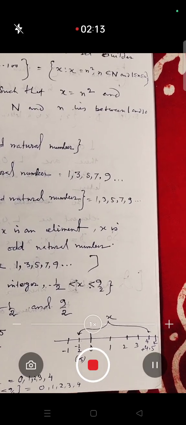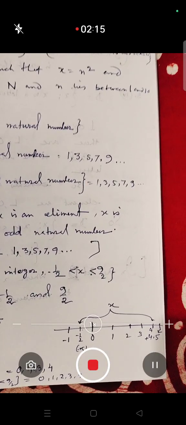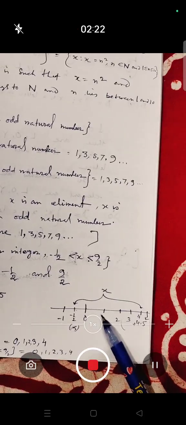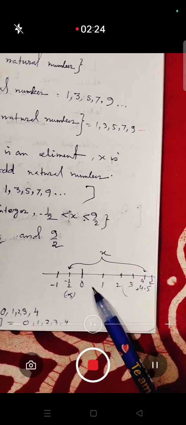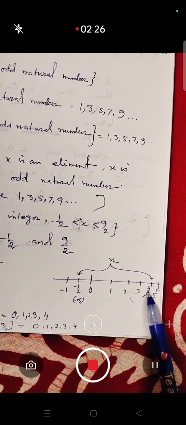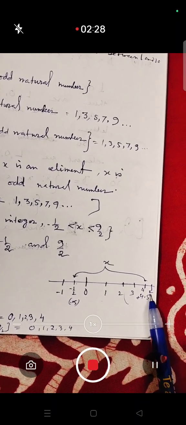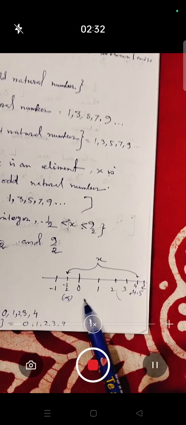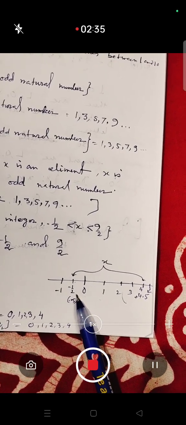So on the number line, we can draw the line, and where is 0? It is 0. And here is 1, 2, 3, 4, 4.5. Suppose this point is 4.5, and here is 0, minus half, minus 1.